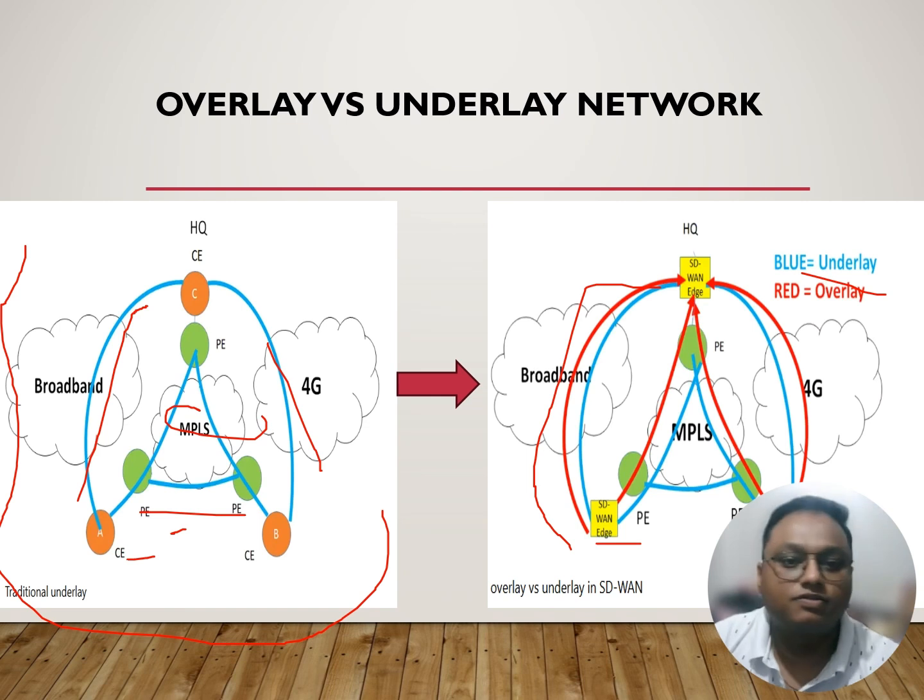So whenever we go for a VPN, it comes under the overlay part. That is also extra work and extra charge the customer needs to pay, and the configuration takes extra time, unlike when you initially configure the MPLS network.